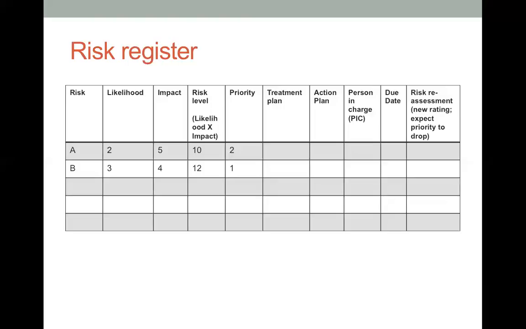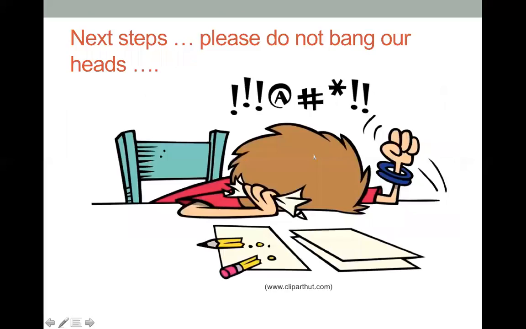Since treatment plan may require resources from our organization, we expect the risk level would drop. The impact has been cushioned, so it has come down from 5 to 4, for instance. As a result, the risk level will come down from 10 to 8. And here, in risk reassessment, we say it has come down from risk level 10 to risk level 8, for instance, as a result of our treatment plan. So that's basically our topic in this module.